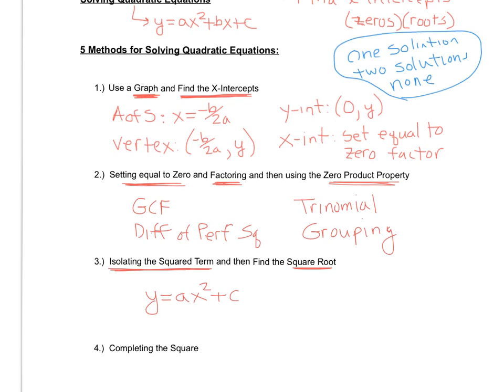It only has a squared term. It doesn't have just a linear term, a regular x. It'll have an x squared. And remember, you have to get the x squared alone and then take the square root.